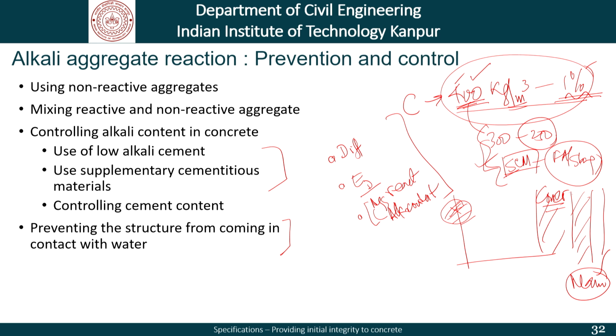So, what we have tried to do is to say that if our specifications talk in terms of different quantitative parameters, different tests, different acceptance criteria for the concrete, in addition to traditional ones like water cement ratio, cement content, strength and so on, we will probably be able to ensure better initial performance.